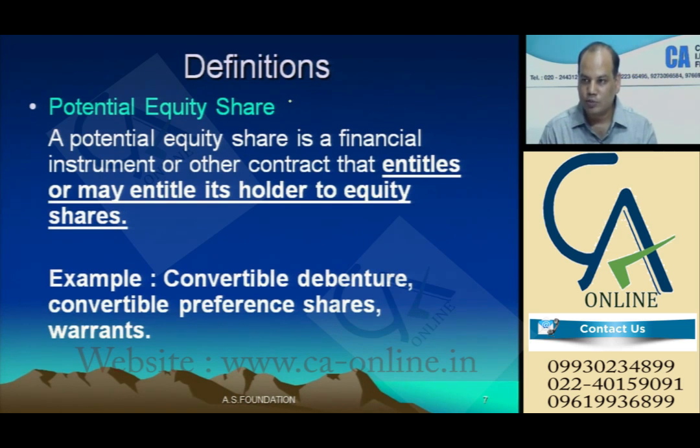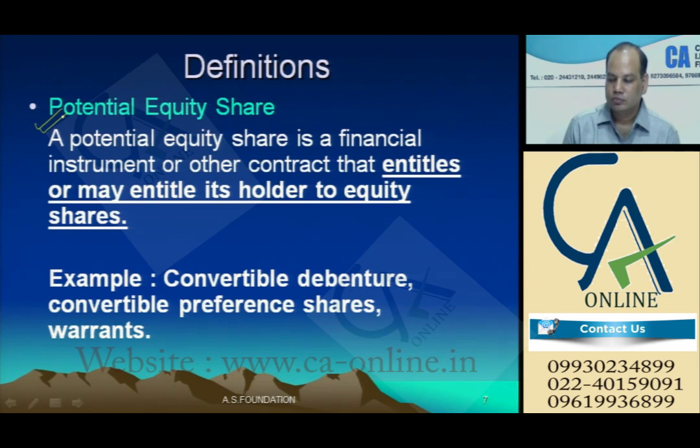The important term you tick mark is potential equity share. What is a potential equity share? That means a financial instrument or any other contract which may not be an equity share now, but it has the potential to become an equity share in future.